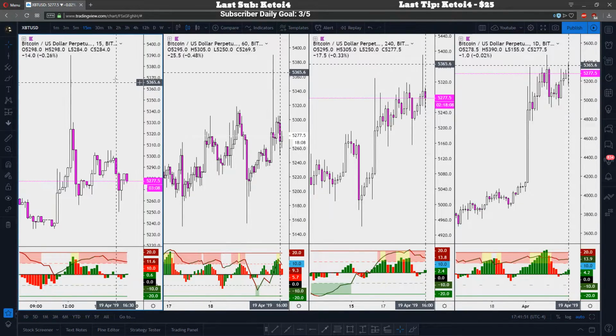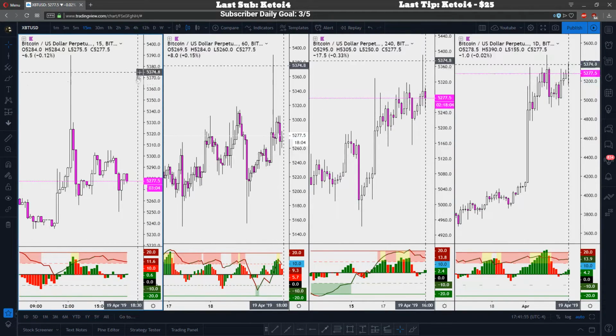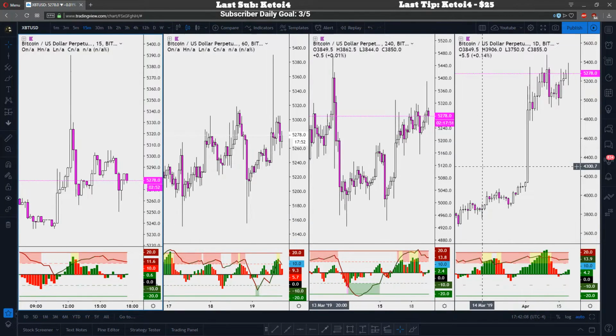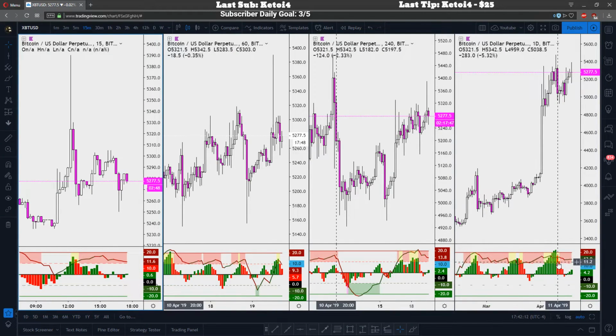I like to look at the overall trend of the Momo on every time frame. So the 15, the 1 hour, the 4 hour, the daily. If they are all correlating across all time frames, so for example, on the daily, we're finding a top, right? But we're in a very strong uptrend.